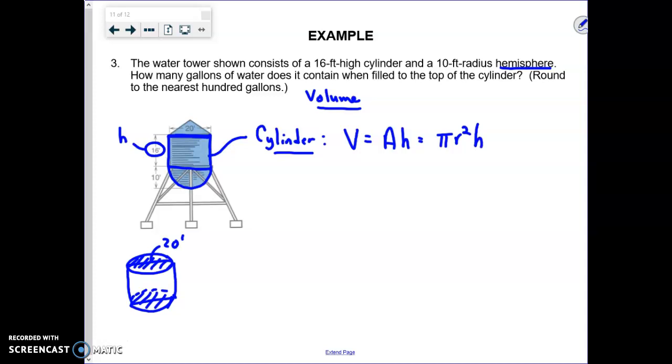So we're going to get volume equals pi, which you can use just the pi button or 3.14 on your calculator, times the radius squared. So I'm using the radius. Now remember, the diameter was 20. This was the diameter, so the radius is 10. Okay? So the radius is 10 feet. So I'm going to use 10 squared times the height, which was 16.